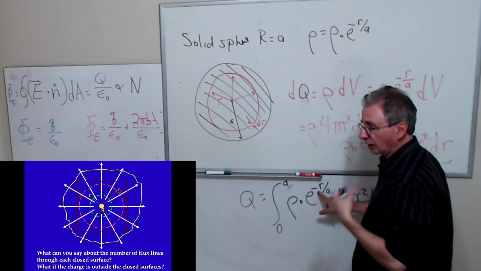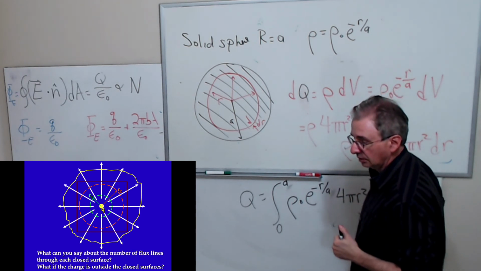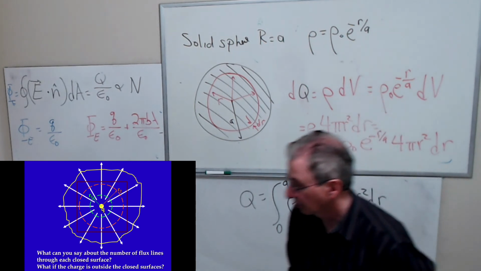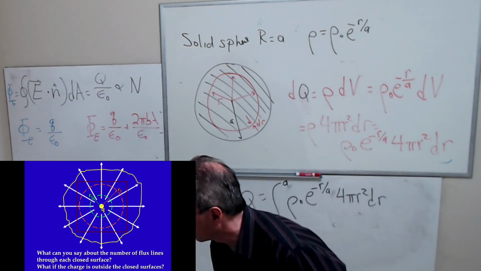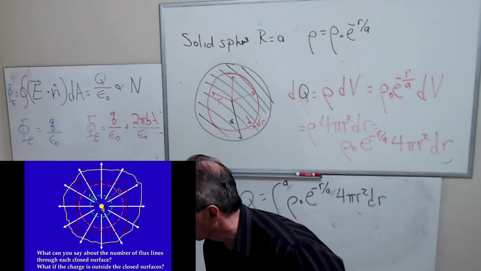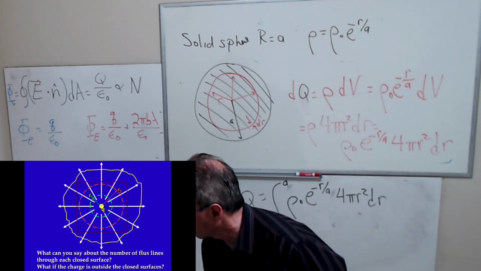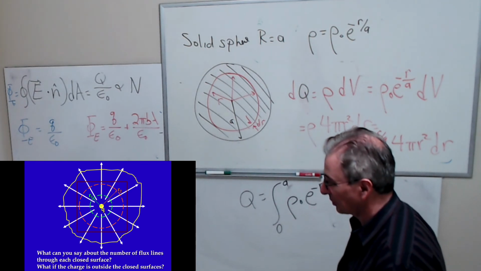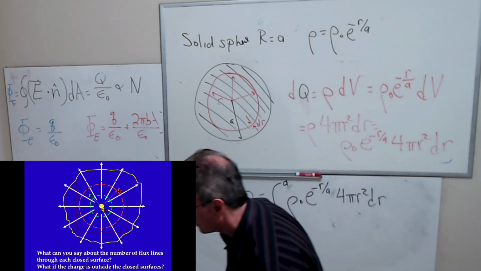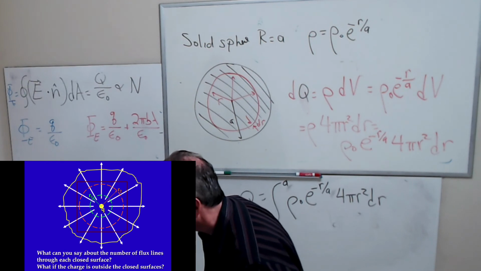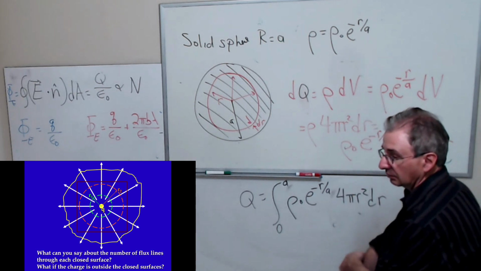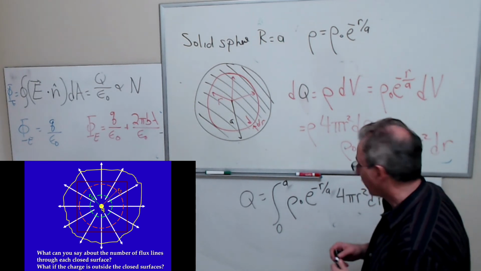R is the variable I'm integrating over. Yeah, you have to integrate it by parts twice. So if R equals A, then this ratio is 1, right? Right, Jacob? If R equals A, this ratio is 1.